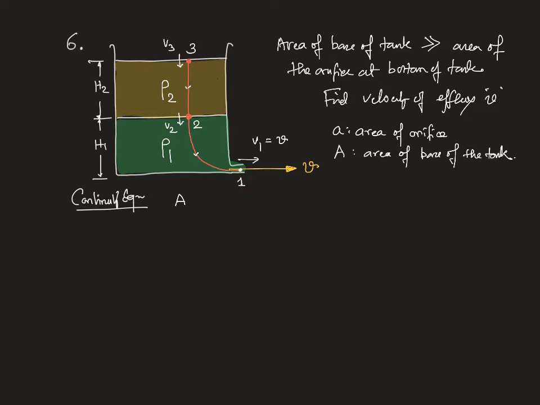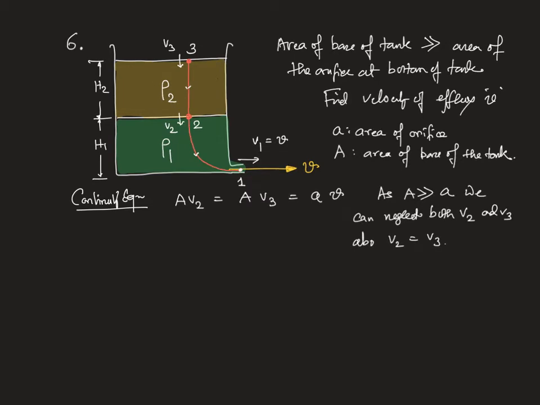So from the continuity equation we can write capital A times V2 equals capital A times V3, both are the same, equal to small a times V. Now as capital A is much greater than small a, we can neglect both V2 and V3, and however small they may be, V2 is equal to V3, right? So that part is solved from the continuity equation.